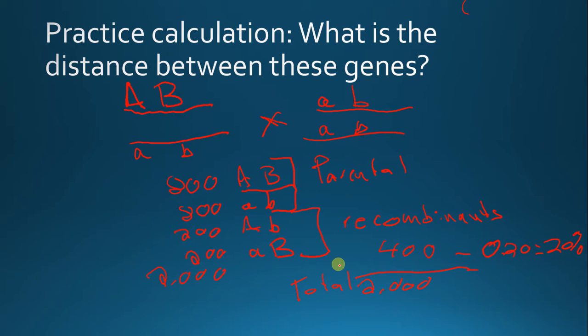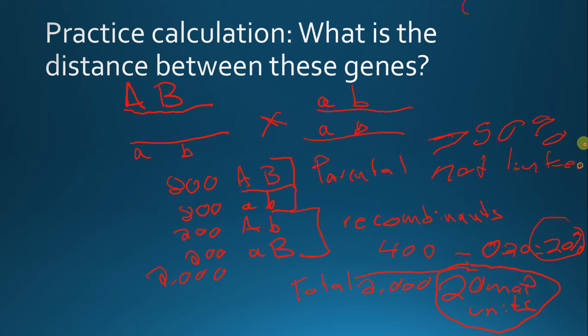What we can say is that these two, A and B, are 20 map units away from each other. 20 map units. That's the distance between these two genes on the chromosome. If we ever get a recombination frequency, this percentage, greater than 50%, the genes are not linked. Alright? If it's ever greater than 50%, it's not going to be linked.